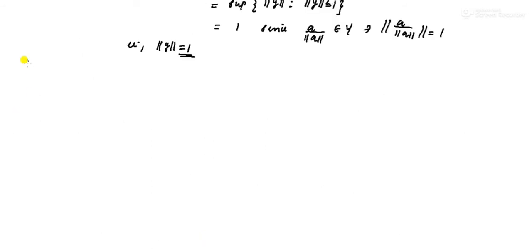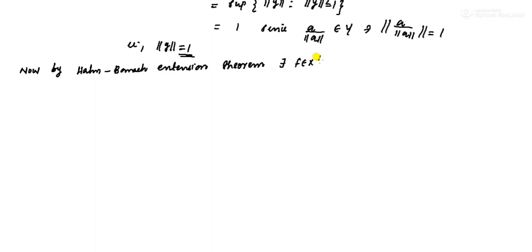Now by the Hahn-Banach extension theorem, there exists f in X* such that f restricted to Y equal to g and norm f equal to norm g.